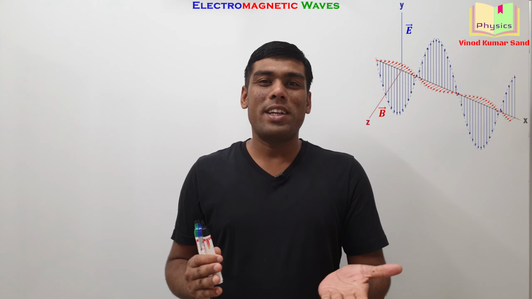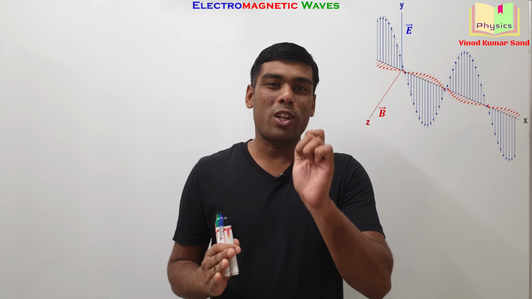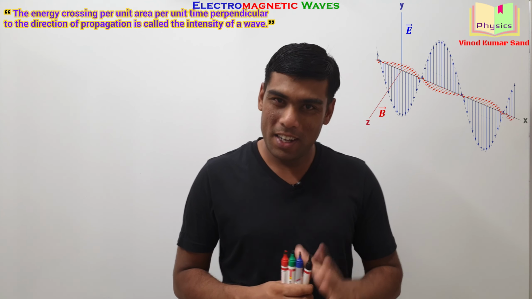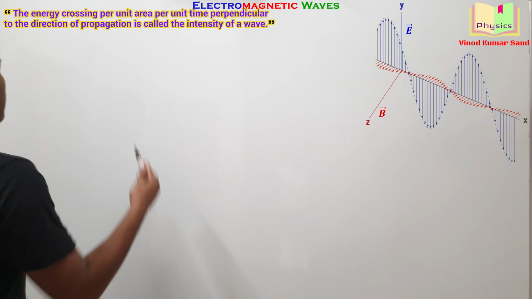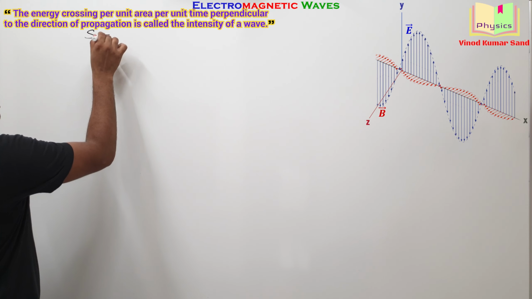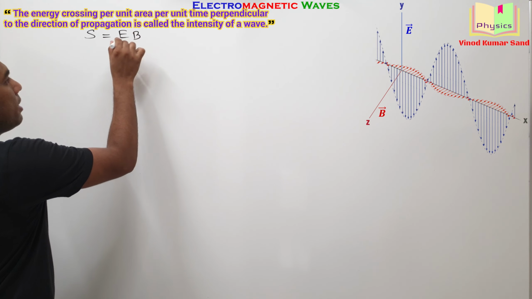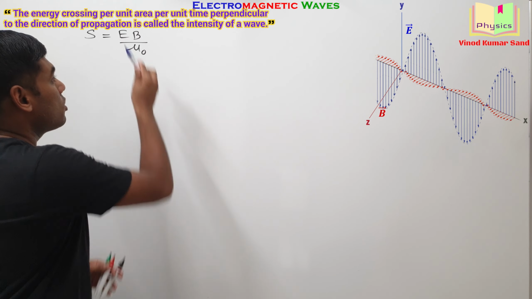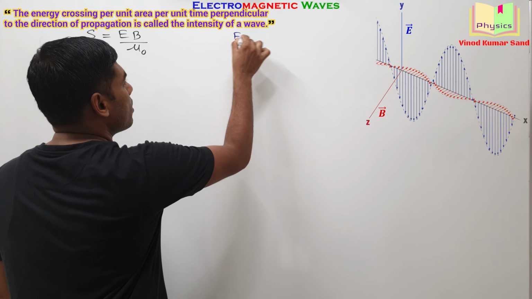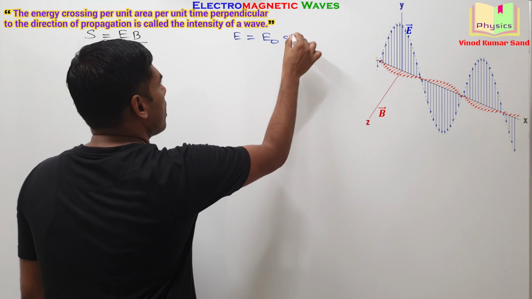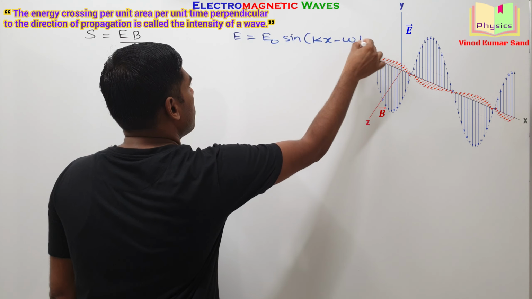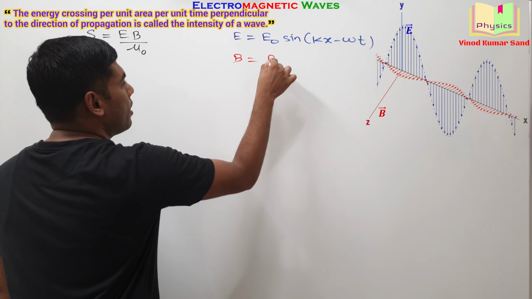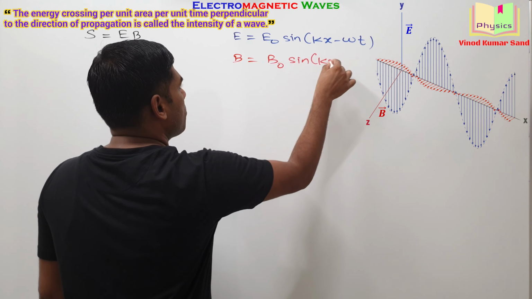Now we are going to derive a few familiar expressions for the intensity, and will use the magnitude of the Poynting vector for that. So let's begin. We know that the magnitude of Poynting vector is written as EB by mu naught. And the strength of the electric field was given by E naught sine kx minus omega t. And the strength of the magnetic field was given by B naught sine of kx minus omega t.